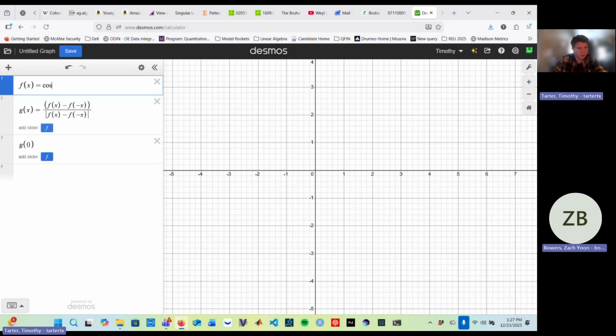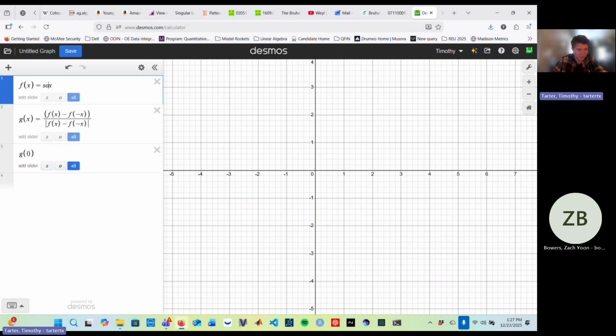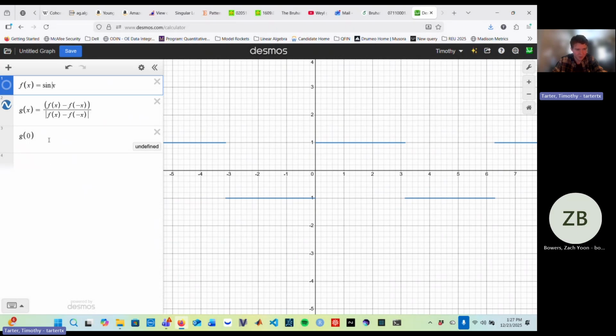If we're just looking at cosine of 2 pi x, then g of 0 is 0 over 0. Wait, what if it's just cosine of x? I think cosine is always a problem. Sine of x gives us plus or minus 1. 0 is similarly undefined.